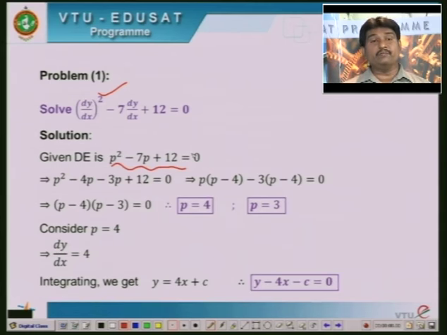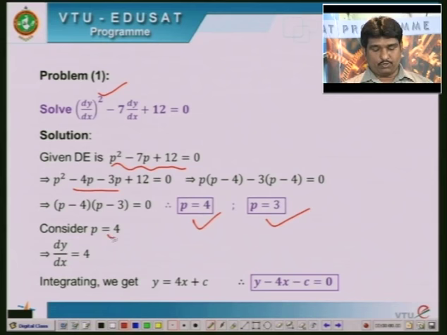You can write minus 7p as minus 4p minus 3p so that its product is 12p square, and factorize it to get roots as p equals 4 and p equals 3. This is dy by dx minus f1 of x,y equal to 0 and dy by dx minus f2 of x,y equal to 0. Two first order first degree differential equations.